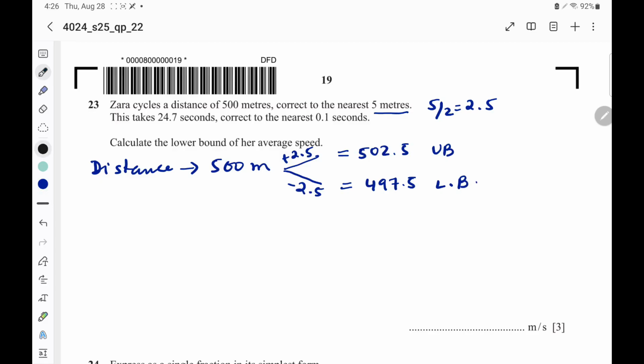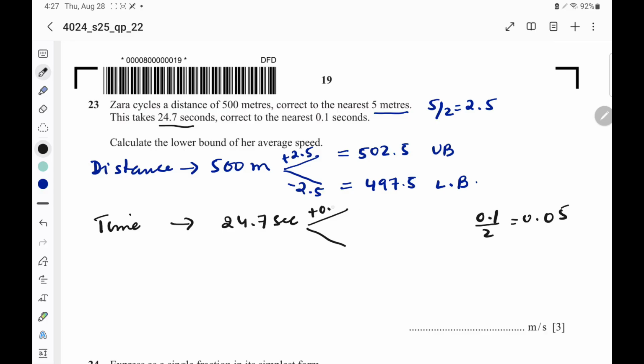Now we are going to the time. The time is given 24.7 seconds corrected to 0.1. 0.1 means 0.1 upon 2, which means 0.05. You will add and subtract to get the upper and lower bound.